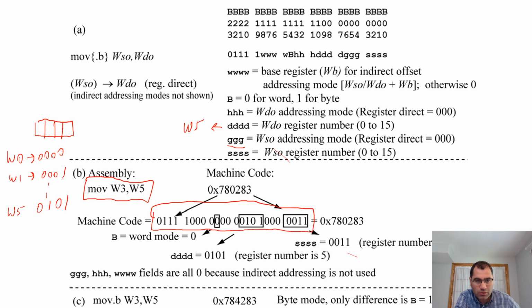Machine code is the lowest level, and it truly consists of ones and zeros. Again, all these are 0 because we didn't use indirect addressing here. You can find these values in a table, which I will show you next.